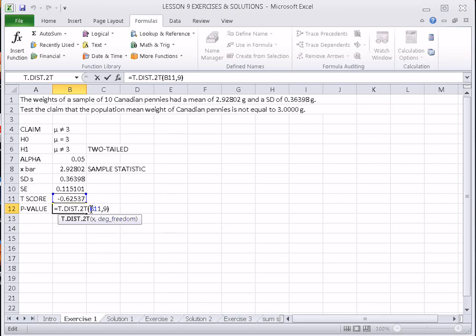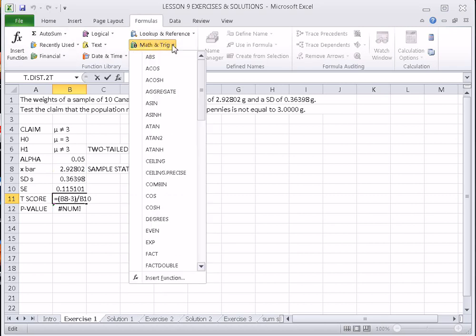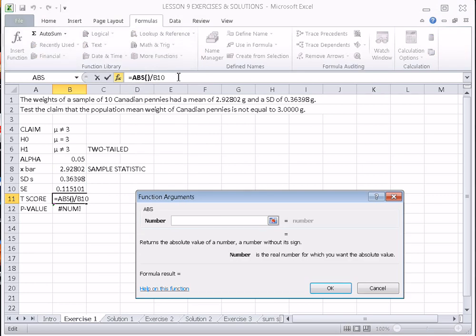Perhaps I need to also use a positive value. Let us then take the absolute value of this difference. So I can go to math trig absolute.